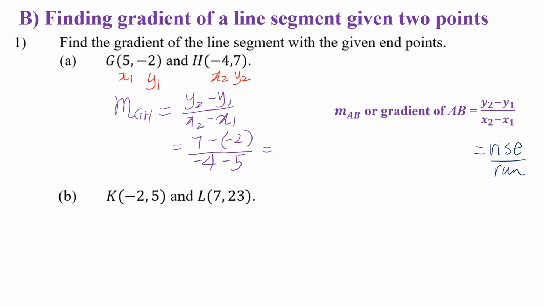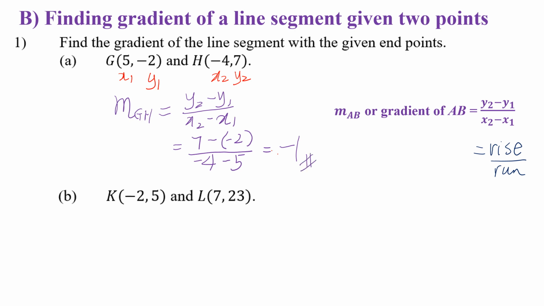And use your calculator to work this out. In your calculator there's this fraction template where you have a square box over another square box. So you just key in 7 minus bracket negative 2, close the bracket, bring the cursor down to the denominator, which is negative 4 minus 5, and you get negative 1 as the gradient. Okay, for part A. Pretty easy.